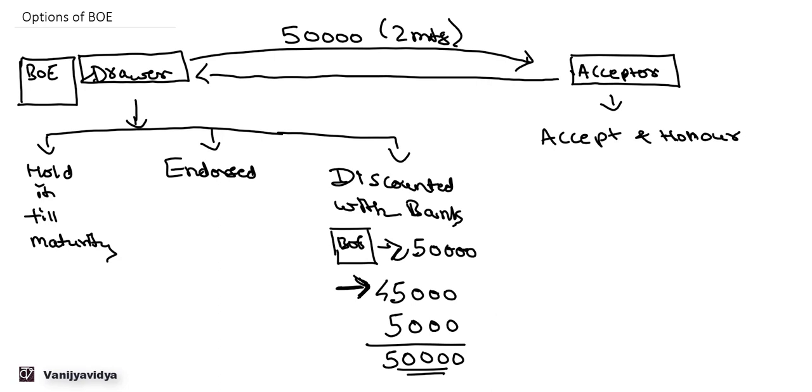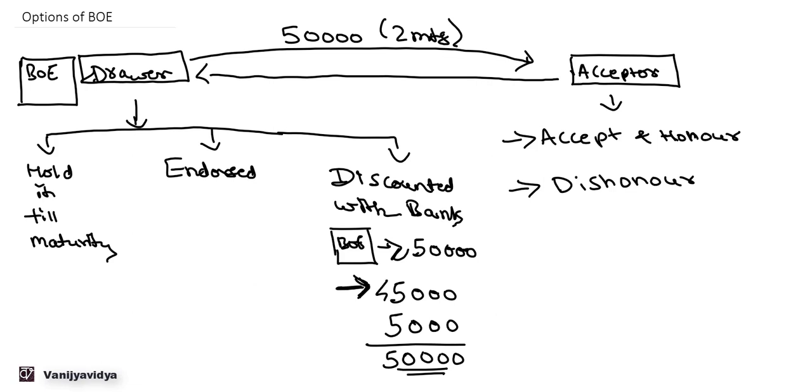Or, in the second case, the acceptor will dishonor the bill. That is, the acceptor will not be in a position to pay and he may dishonor the bill. That is, he may not pay the bill on the due date. That is one more case.